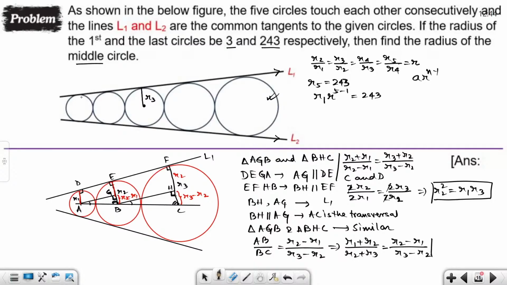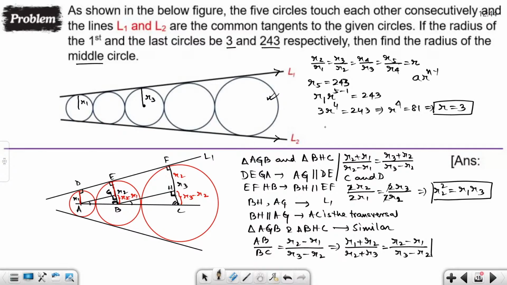Here the first term is the radius of the first circle, which is R1. And the common ratio is R here. And the number of terms, that is the number of circles present, is 5. So R1 into R to the power 5 minus 1. Your R1 is given as 3. And R I don't know. It is 243, which implies R to the power 4 is 81, which implies R is basically 3. Am I correct or not? Therefore, the common ratio in this problem is 3.